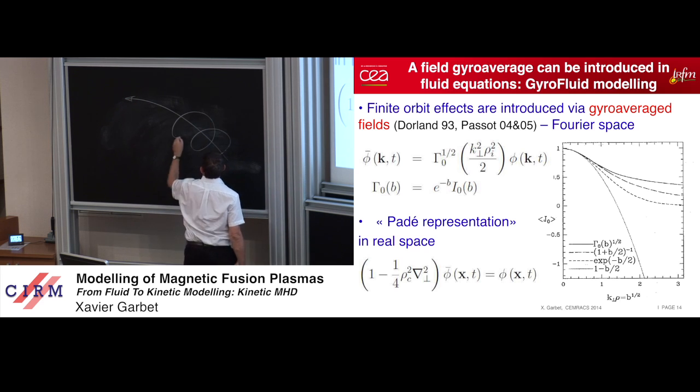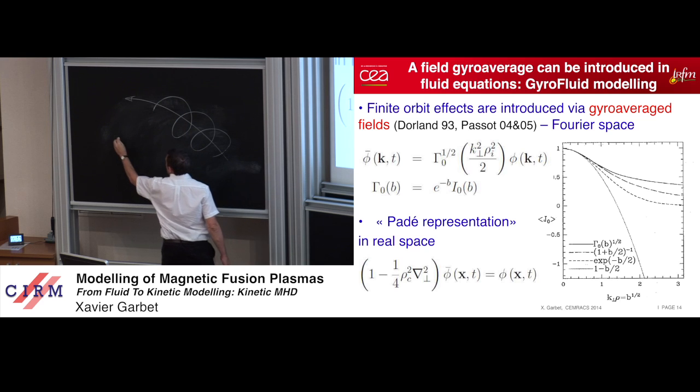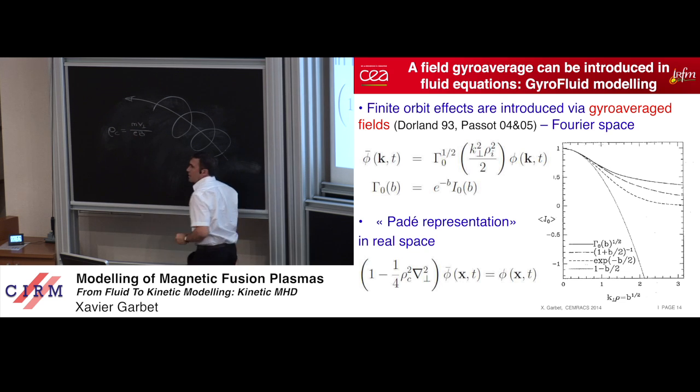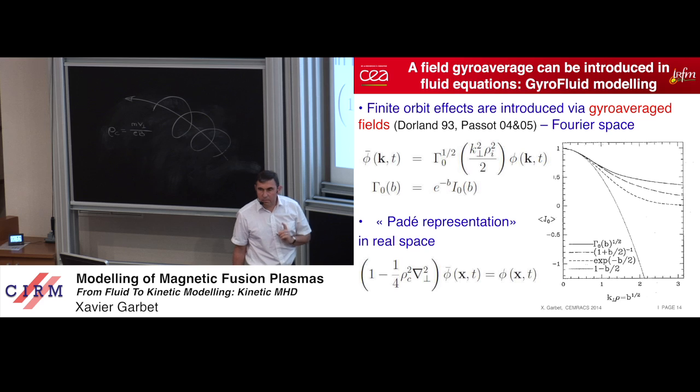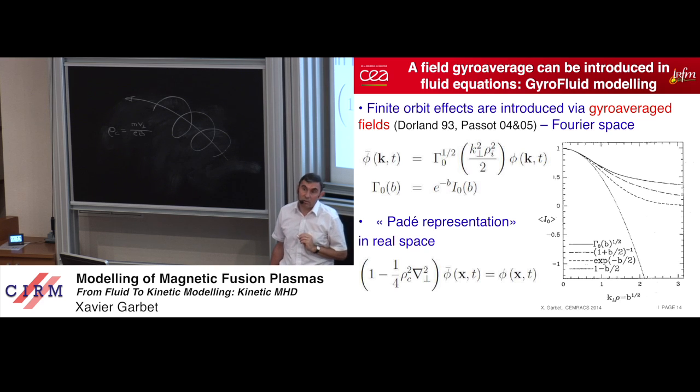That's the cyclotron motion. And as I said, the size of the cyclotron motion is m v perp over eB, right? But v perp here is the perpendicular velocity of a particle, not the fluid velocity, right?